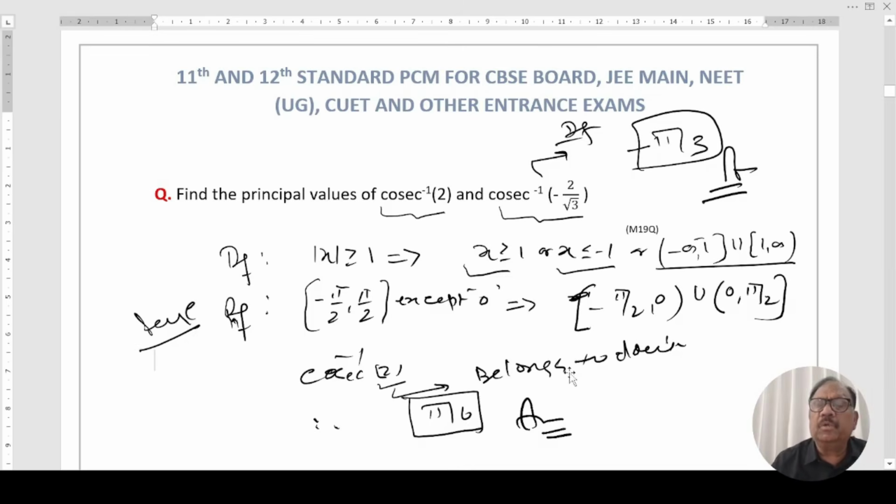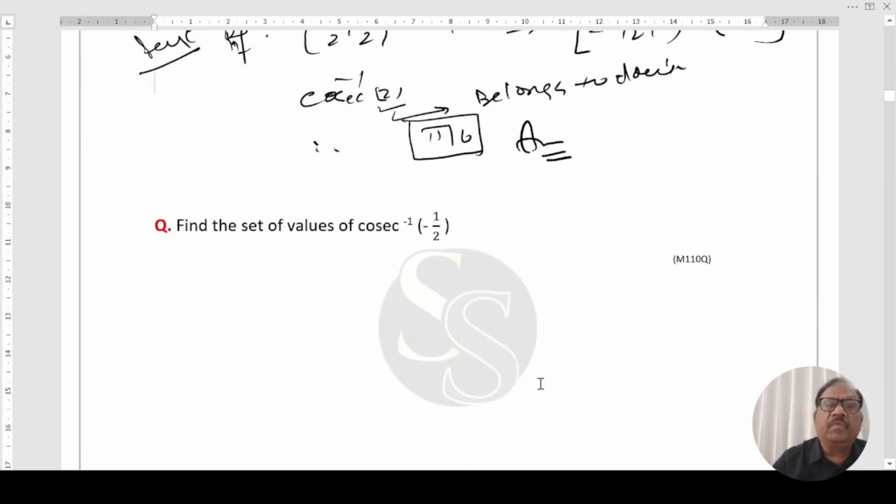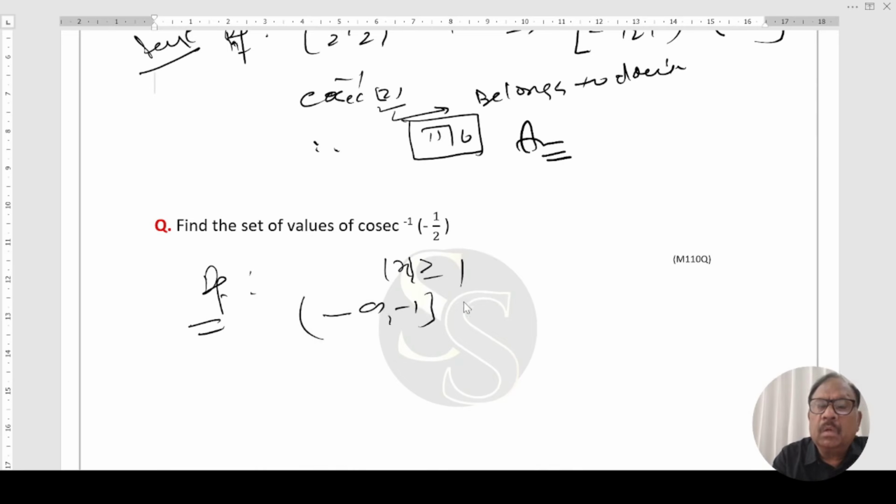Next question. Find the set of values of cosec inverse of minus 1 by 2. The domain of cosec inverse x is mod x greater than or equal to 1, or minus infinity to minus 1 union 1 to infinity.